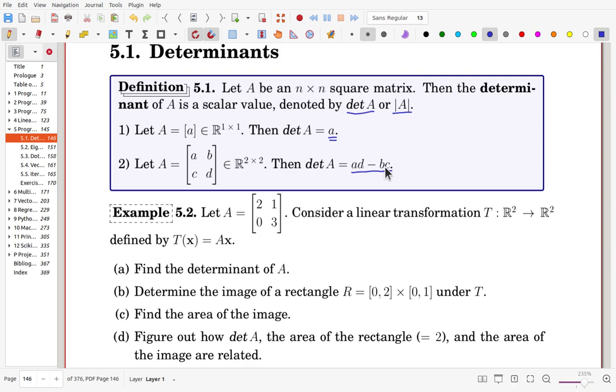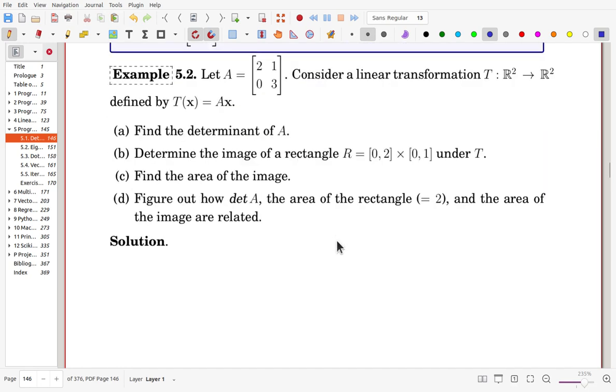We'll try to understand the determinant more thoroughly by solving some examples. A is given like this one, a 2 by 2 matrix, and consider a linear transformation T from R2 to R2 defined by this matrix multiplication.